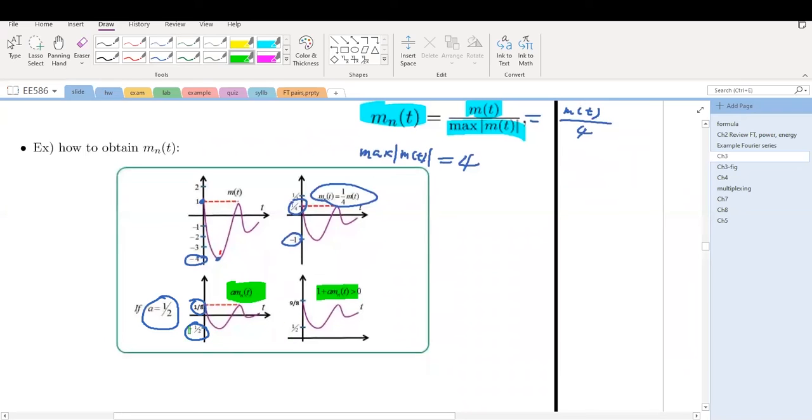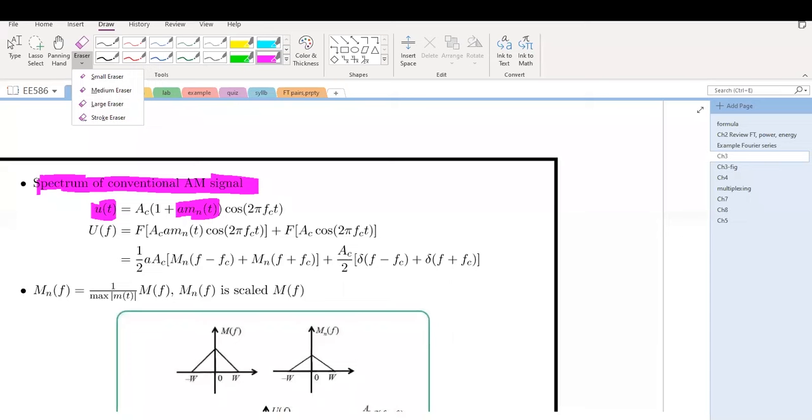You can see here -half becomes half, and 1/8 becomes 9 divided by 8. And the shape of the message still remains the same. So this portion is going to be multiplied by the carrier. What we can observe here is that 1 plus a m_n(t) is always greater than 0. Therefore, overmodulation does not happen for the conventional AM at all. And that satisfies the design criteria for conventional AM.